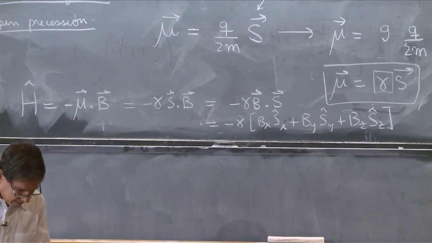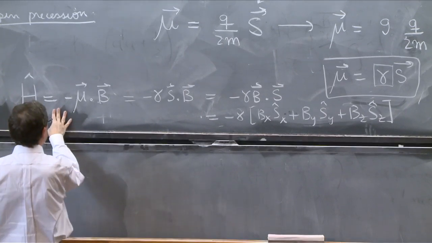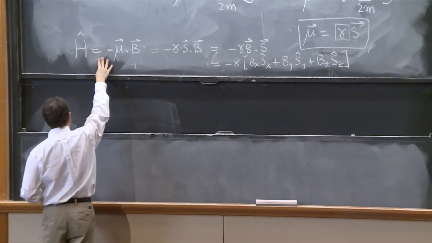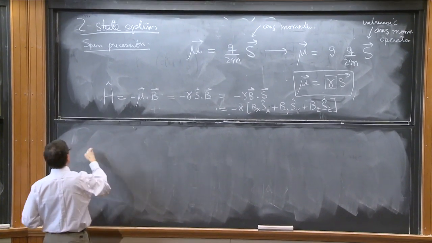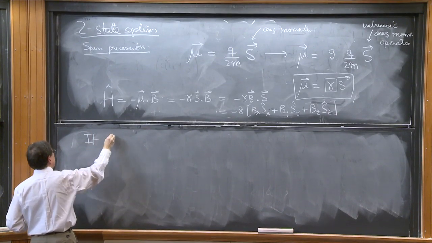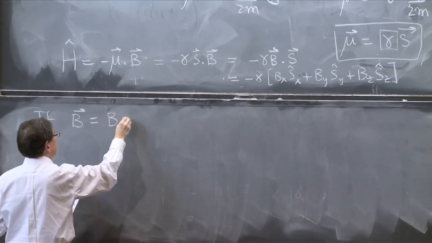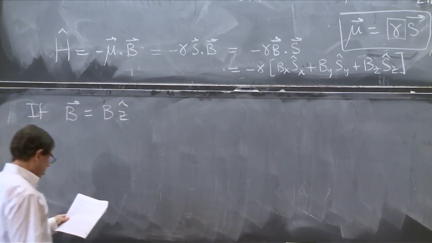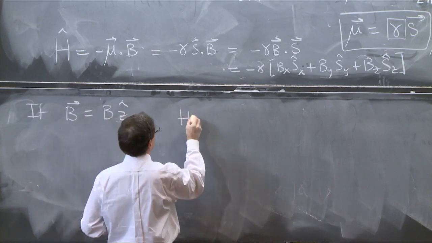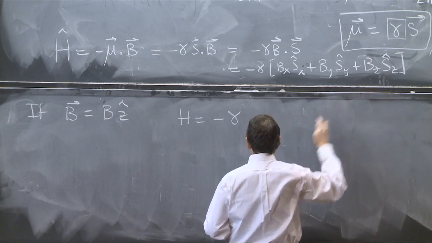So let me remind you of a simple situation when you had a magnetic field in the z direction, B along z. If B is B times z hat, then H is minus gamma B Sz.